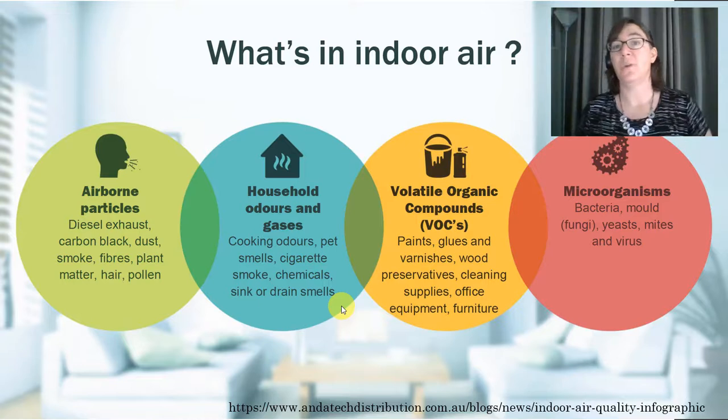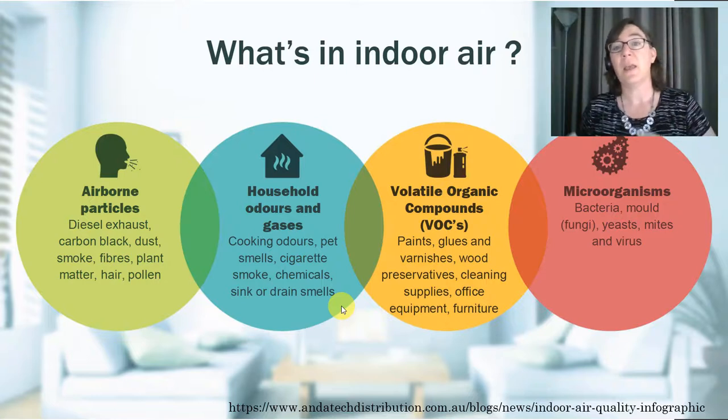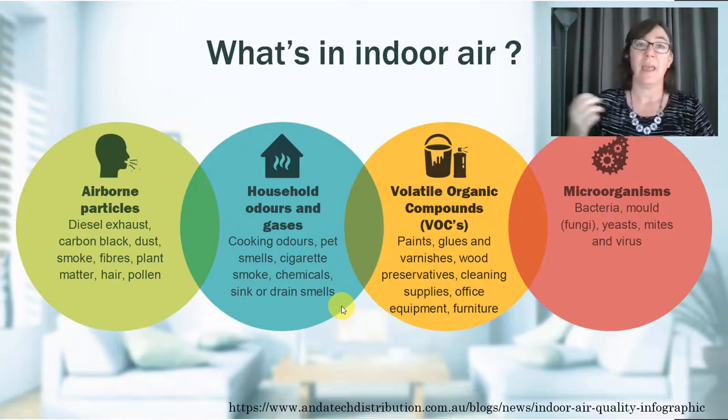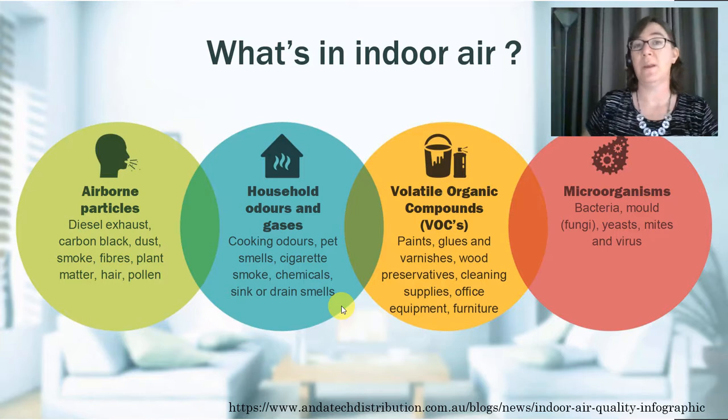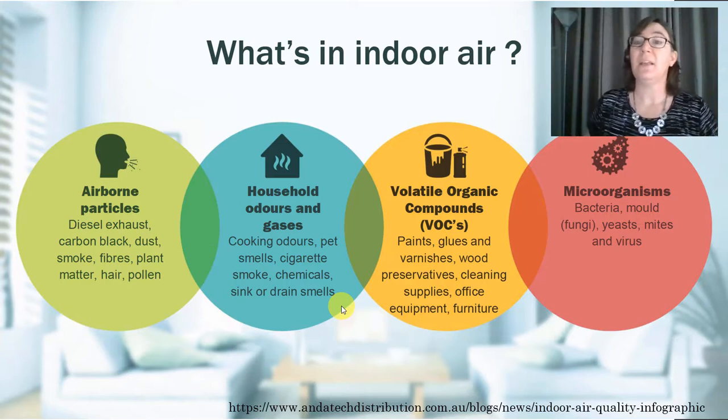You also have to watch out for VOCs, which are volatile organic compounds. These are found in paints and varnishes, also cleaning supplies, and pressed wood products. Finally, there are microorganisms such as bacteria and mold, yeasts, mites, and virus.